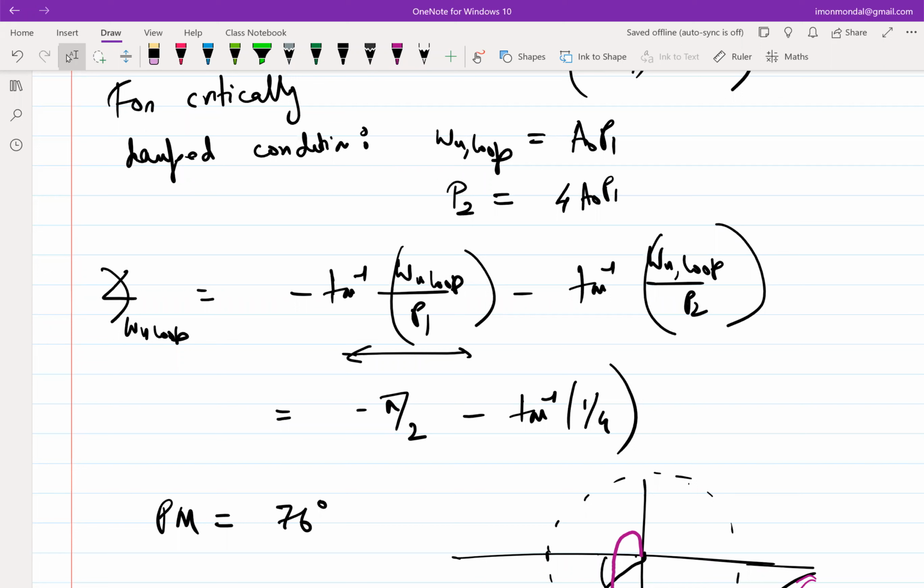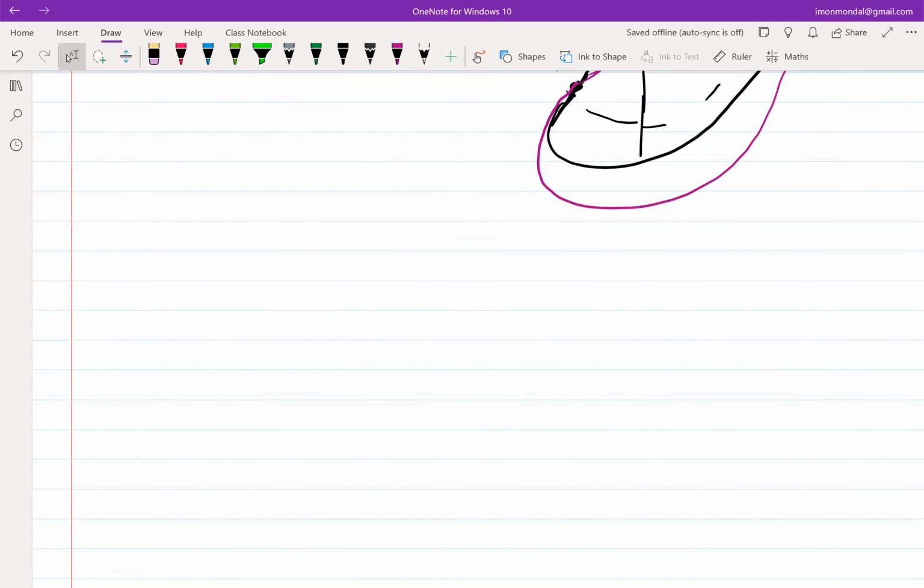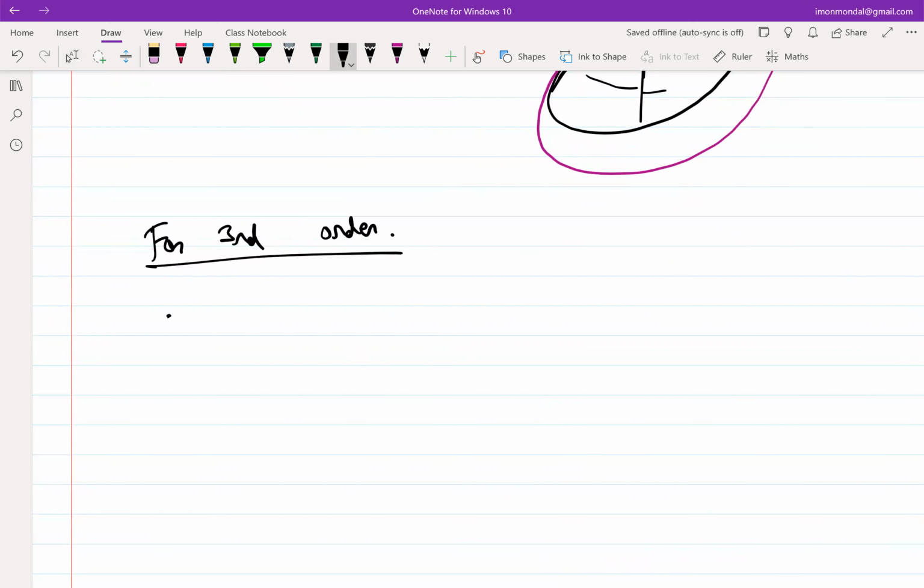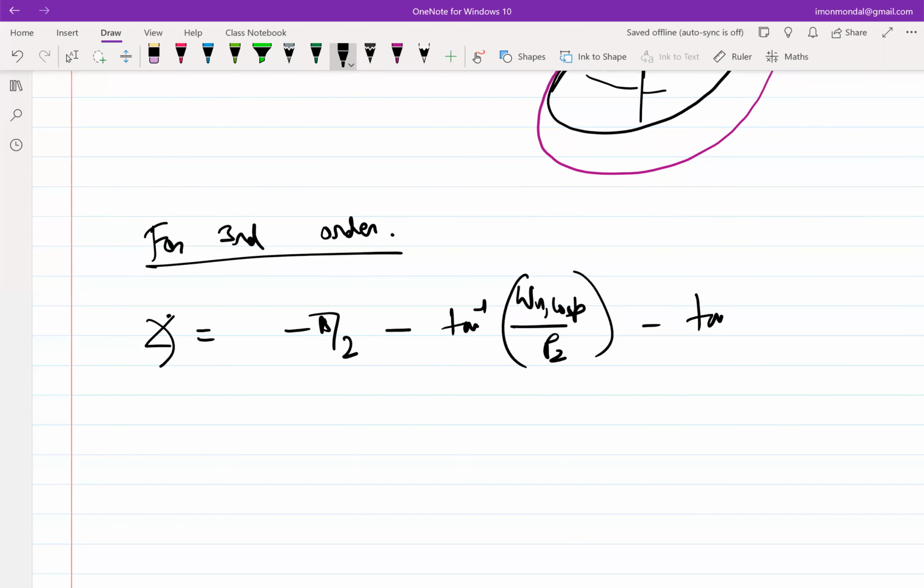So for third order, you will have this angle to be minus pi by 2 minus tan inverse omega u loop by P2 minus tan inverse omega u loop by P3.